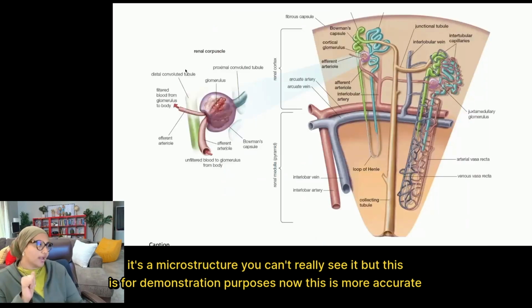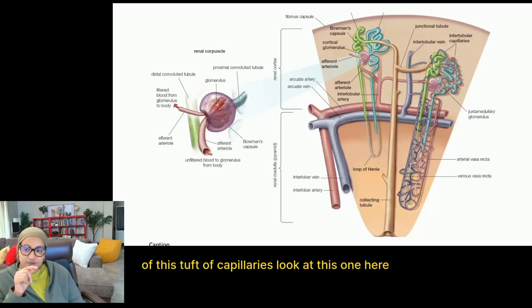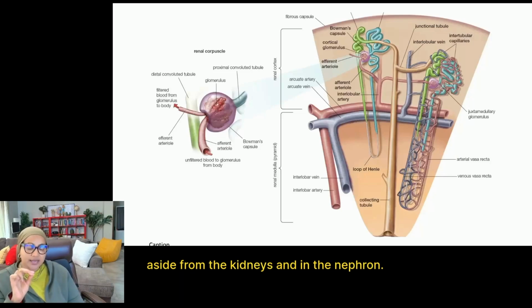Now, this is more anatomically accurate, and it's showing me the renal corpuscle, which consists, as I said, of this tuft of capillaries. The glomerulus is a tuft of capillaries that's very specialized and not found in any other part of the body aside from the kidneys and in the nephron.